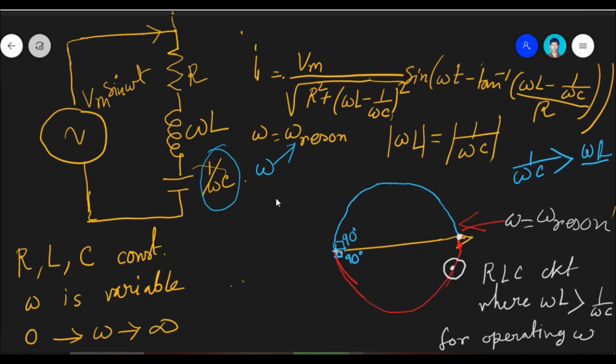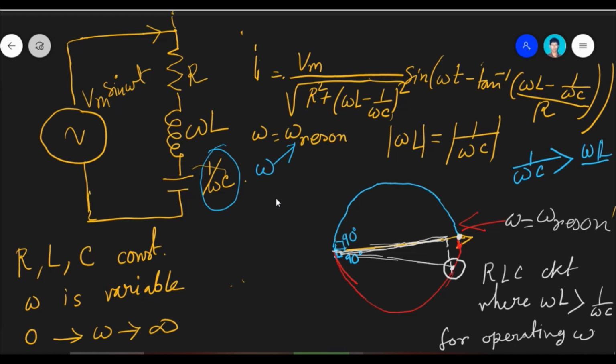Just draw the current phasor, and whatever projection you get over the voltage line, if you draw them to scale, will give you the active power, and the other component will give you the reactive power.